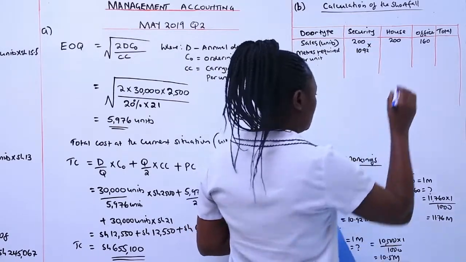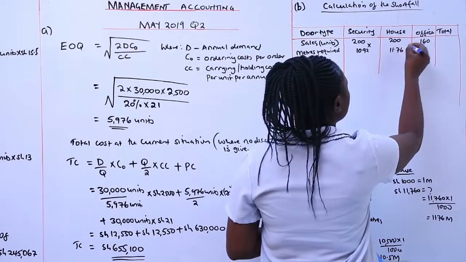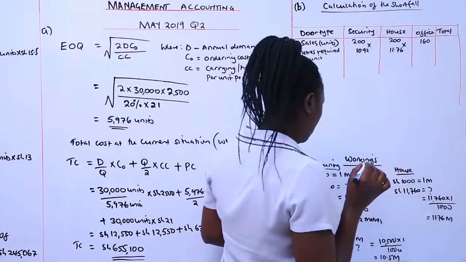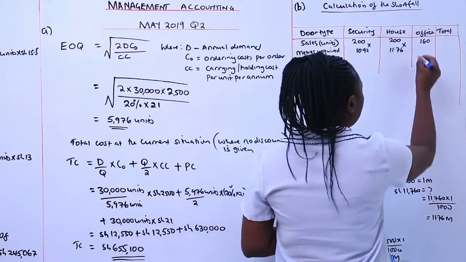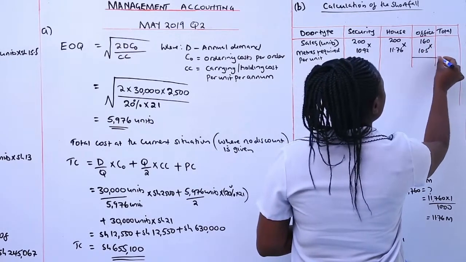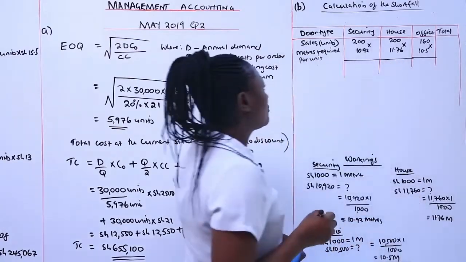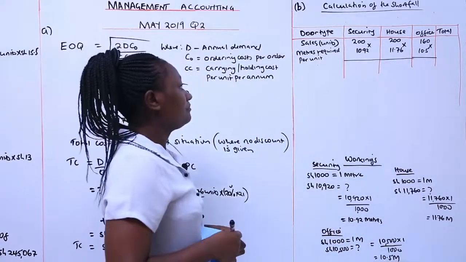For house is 11.76, multiply that. Then for office is 10.5, we multiply. So we simply multiply, and then we'll be able to get the total.